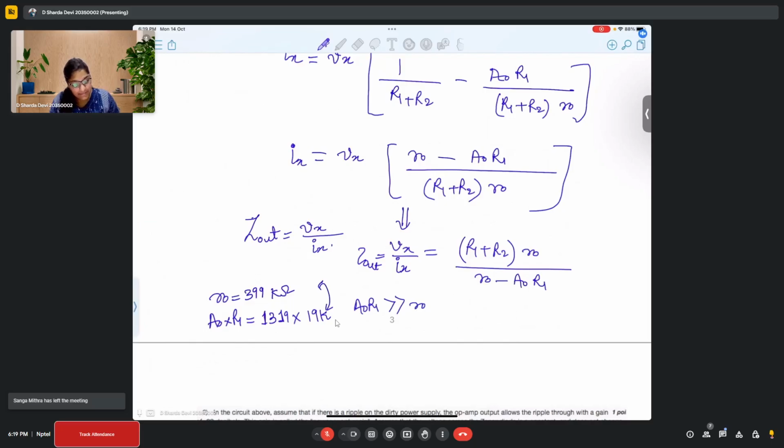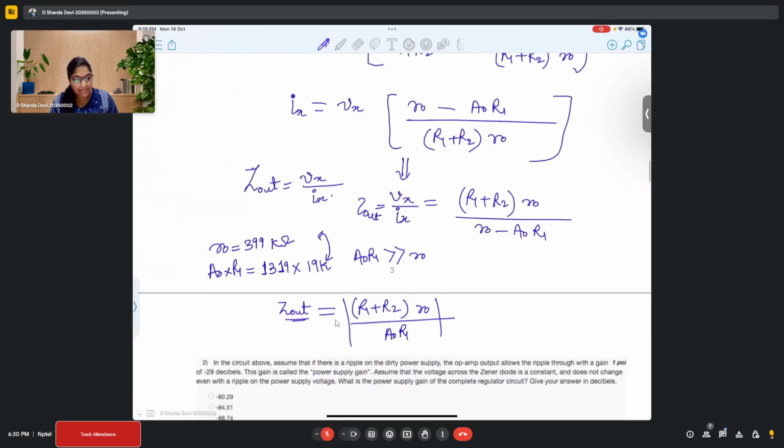So we can further simplify this and we can write Z out as R1 plus R2 into R naught upon A naught R1. There is no point of having a negative resistance, so that's why we are taking the mod.